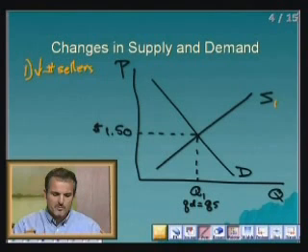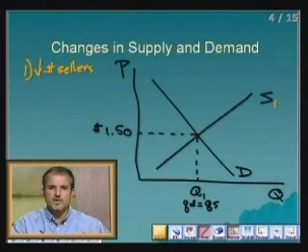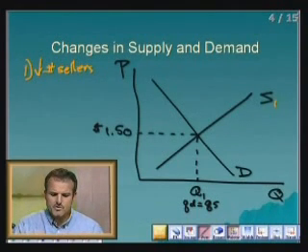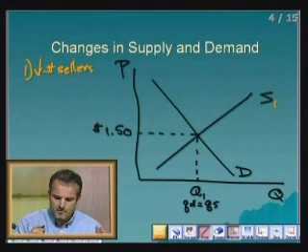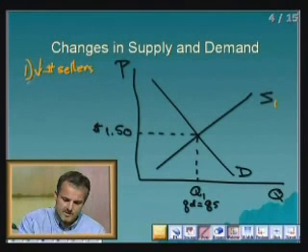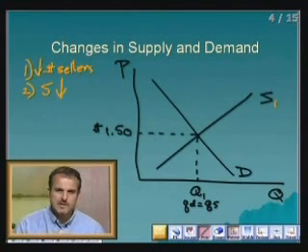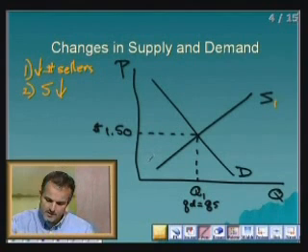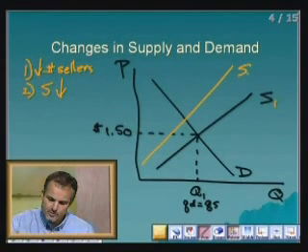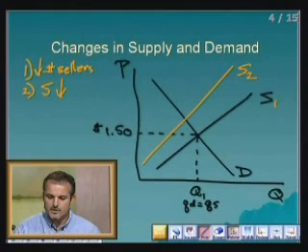You'll see the major reason is lawsuits associated with environmental concerns and what have you. But nonetheless, we have fewer sellers of gasoline than we had before. With fewer sellers in the market, not surprisingly, the supply of gasoline has dropped, and a decrease in supply is a leftward shift in the entire supply schedule.